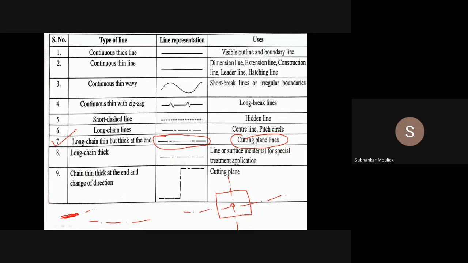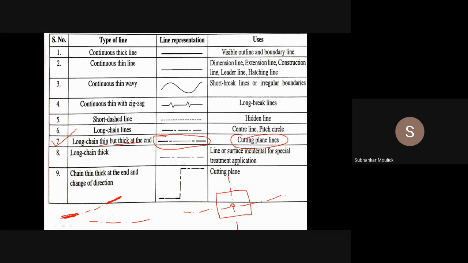Dash, dot, dash, dot, and the last extreme end will be very thick. It is written: long chain thin line, but thick at the end. This is one end, this is the second end.